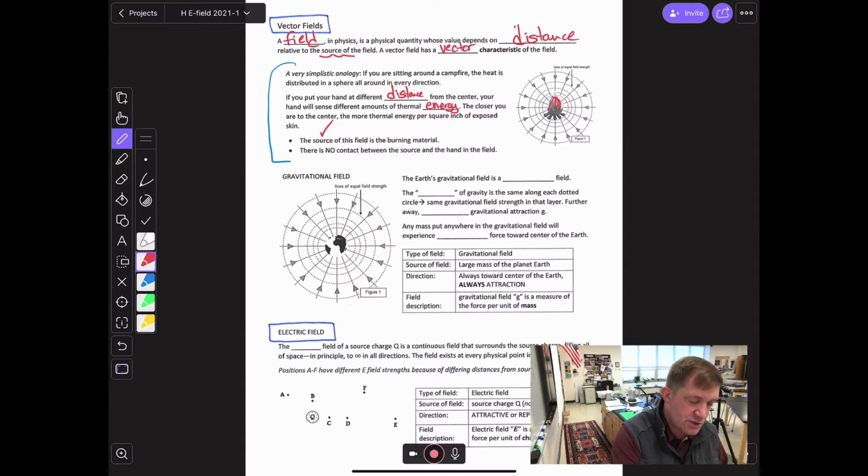In this case, it's your hand or your body. So a major difference is there has to be a source and there has to be no contact. And if you're making a connection to induction, that's great, but not really needed here. Thermal energy transfer is a little bit like a vector field in that it spreads out in all directions, and how far away determines how strongly you feel that heat.